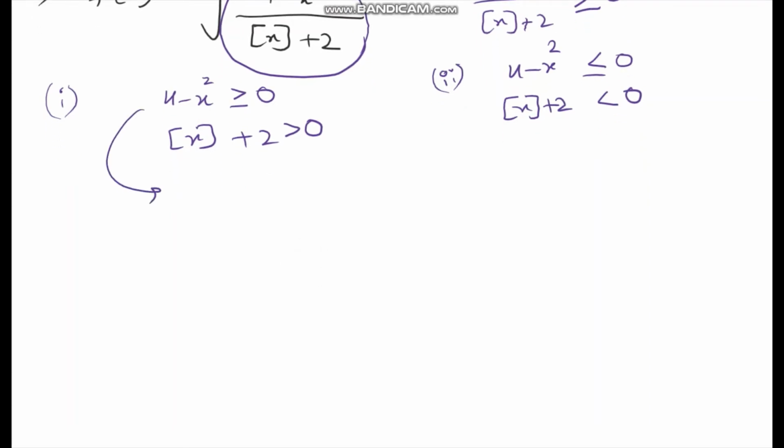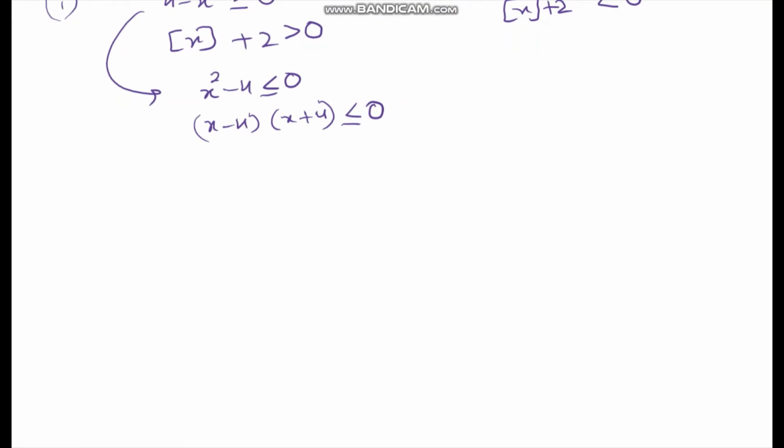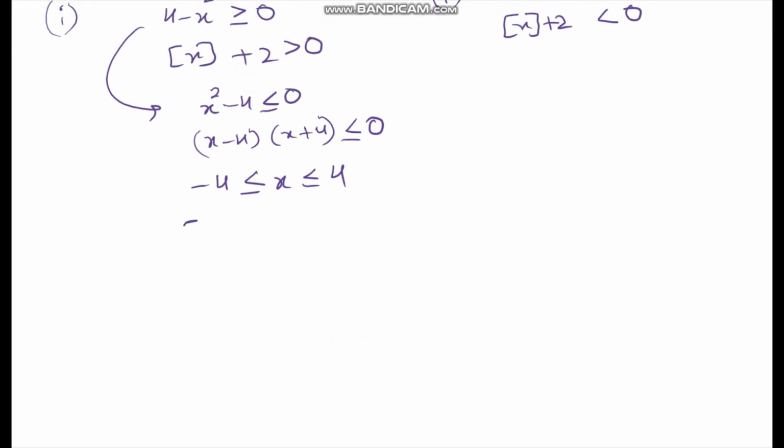For this, x square minus 4 is less than or equal to 0, so x minus 4 into x plus 4 is less than or equal to 0. So minus 4 less than or equal to x less than or equal to 4, and step x plus 2 is more than 0. Step x should be more than minus 2.